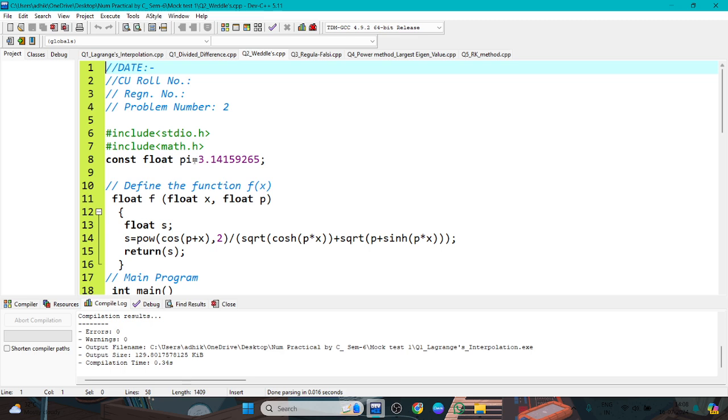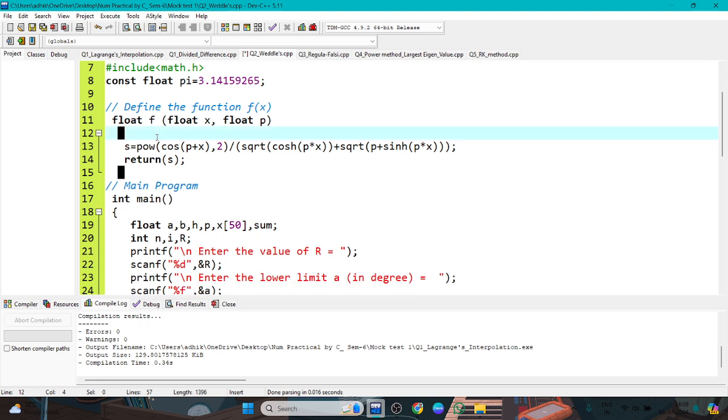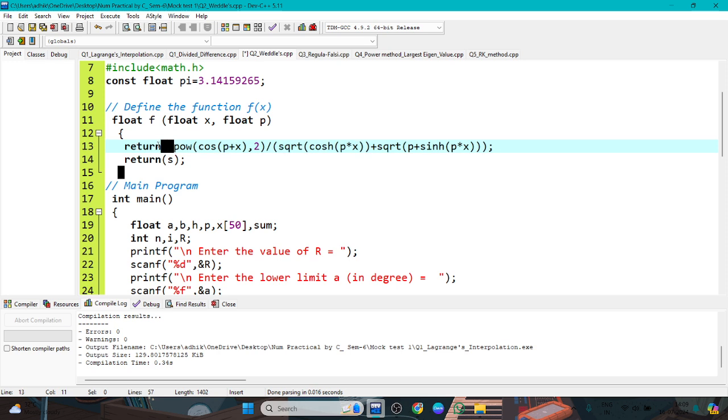First, define the constant float pi equal to 3.1415925, and this function, the float function f. You can omit this float s, so you can write directly return this.